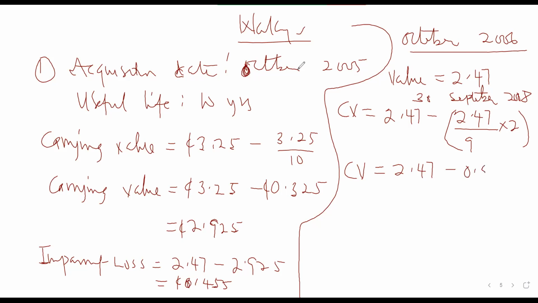Okay. The question says that they have accounted for the depreciation already, isn't it? But they haven't taken the impairment loss into consideration. So the depreciation of 2.47 divided by 9, which is a year, they have done already. They have taken it into consideration before preparing the draft financial statements, but they haven't considered the impairment.